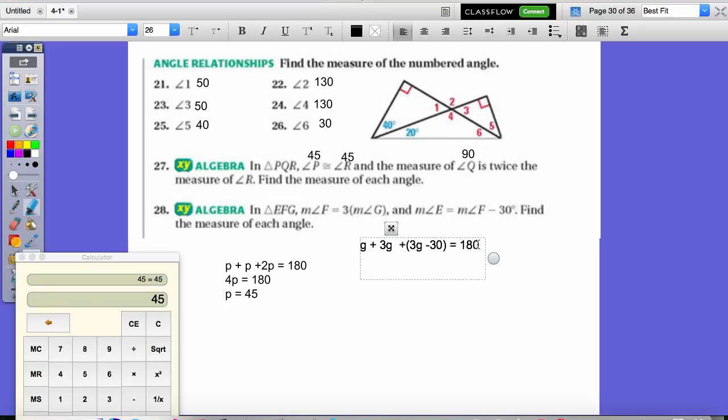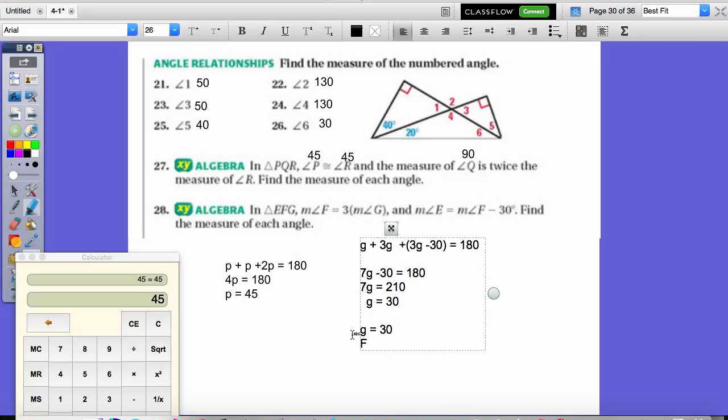G plus 3G plus 3G is 7G's minus 30 equals 180. I'm going to add 30 to both sides, so 7G equals 210. And 210 divided by 7 gives G equals 30. So angle G is 30 degrees.